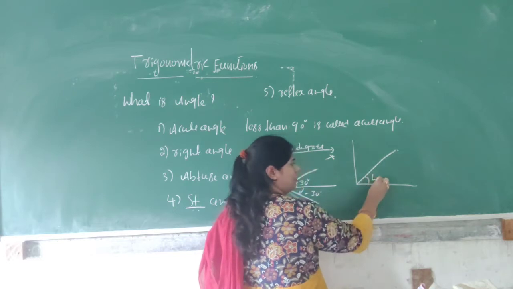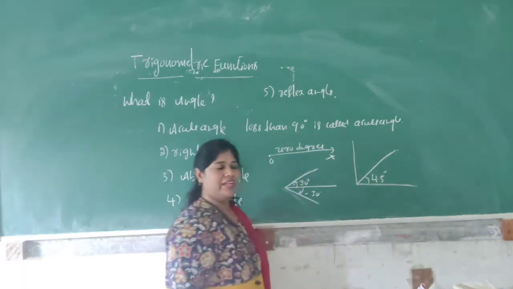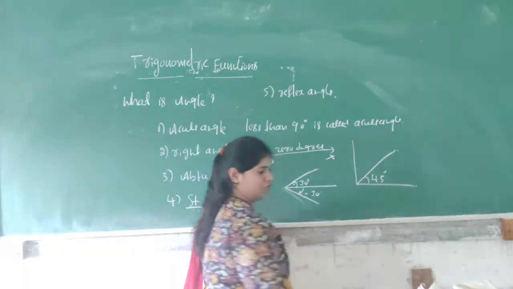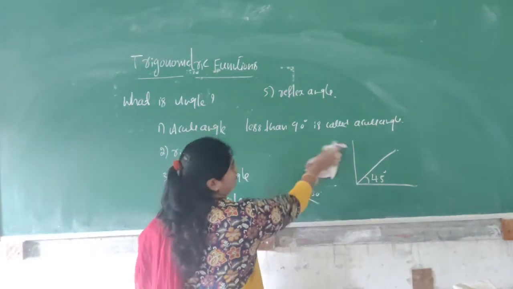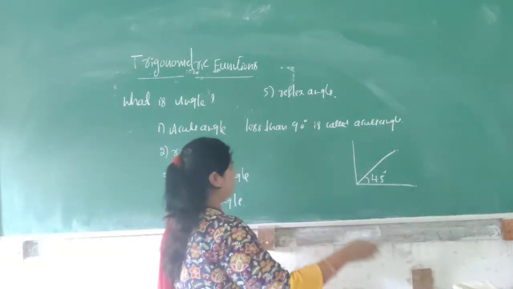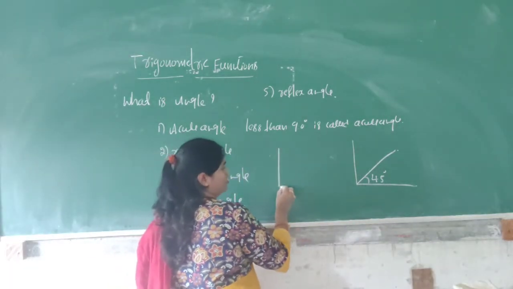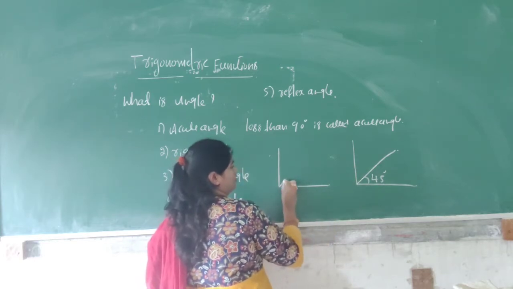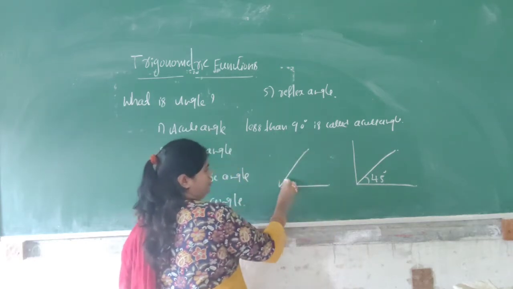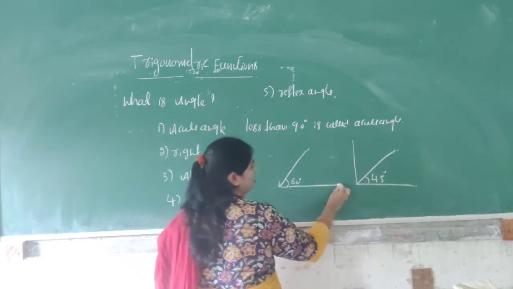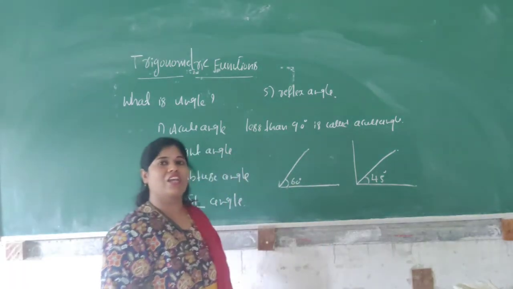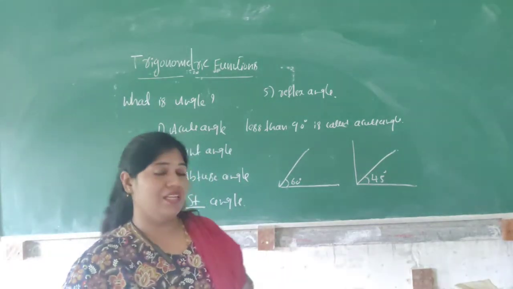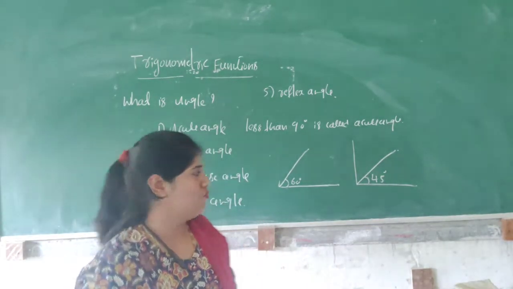Then 60 degree, above the line of this 45 degree. So this one is the 60 degree. These are all called acute angles. Less than 90 degree is called acute angle.